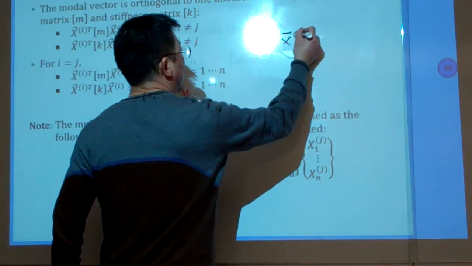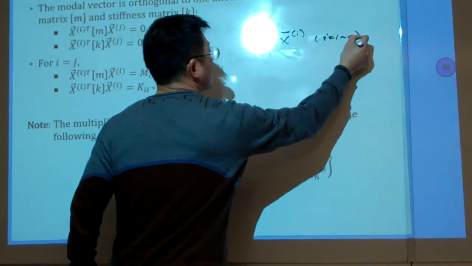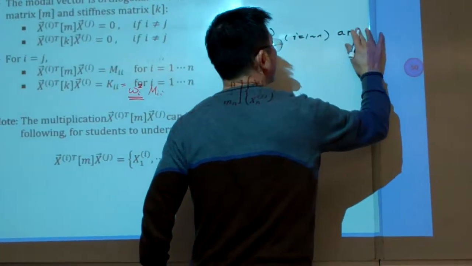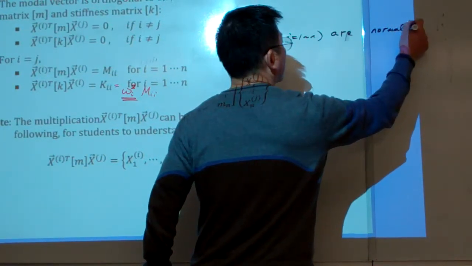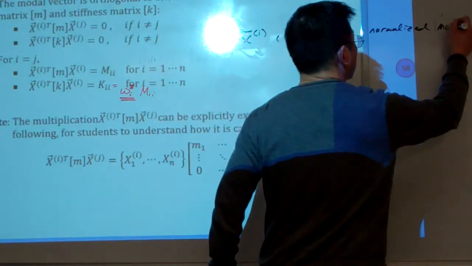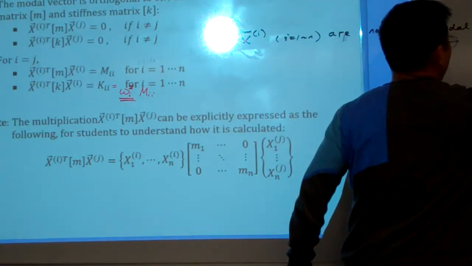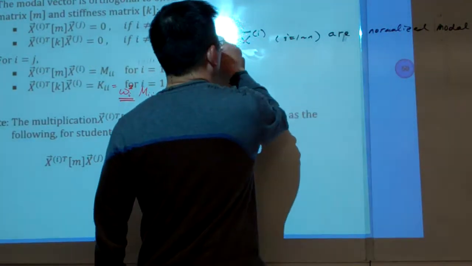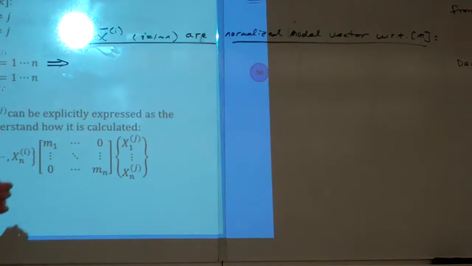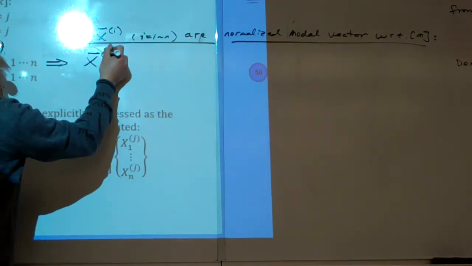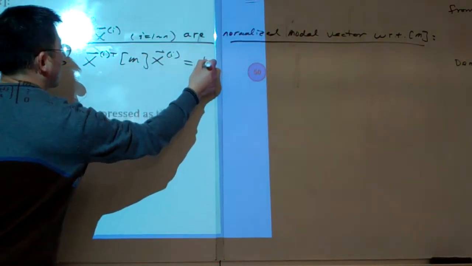If x_i for i equal to 1 to n are normalized modal vectors with respect to M, then these equations can be described by x_i transpose M x_i equal to 1.